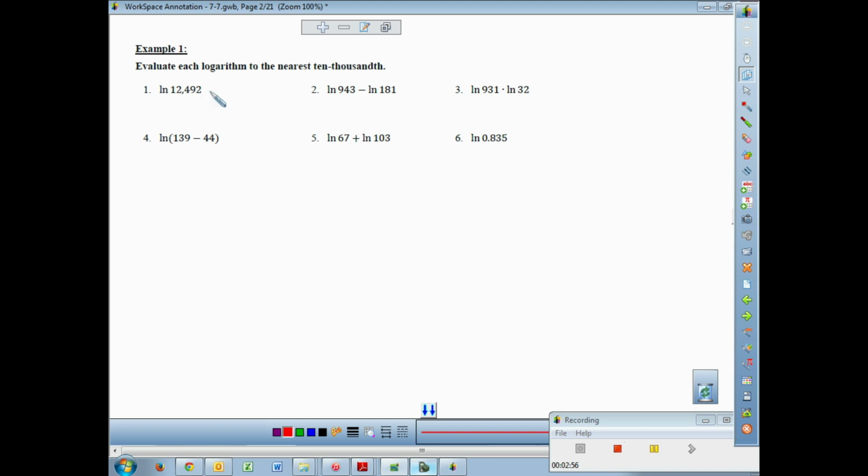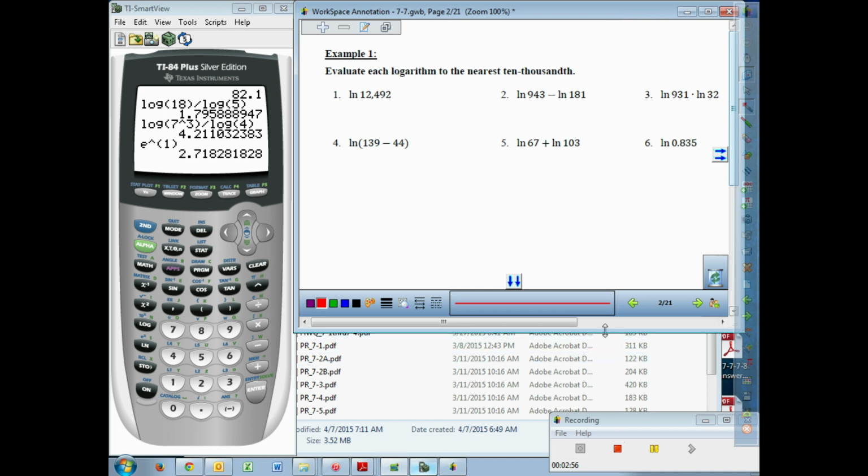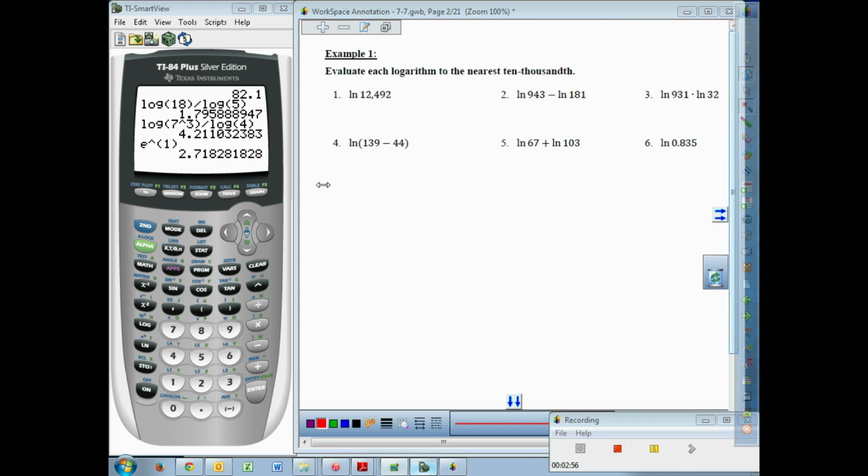Do we have a natural log button on our calculator? Yes, we do. So we can punch this straight into our calculator, if you give me a second here. Natural log of 12,492. Round to the nearest ten-thousandth. About 9.48.